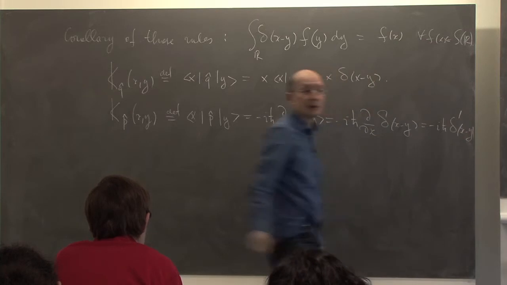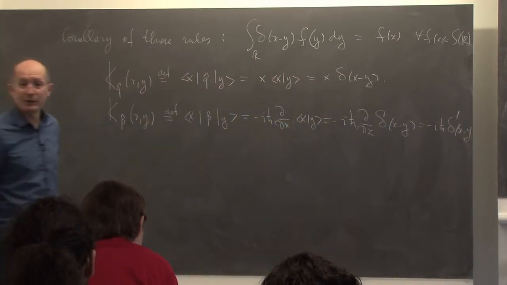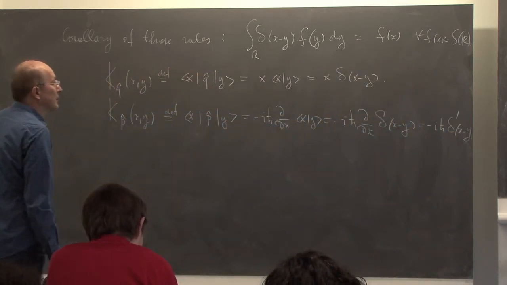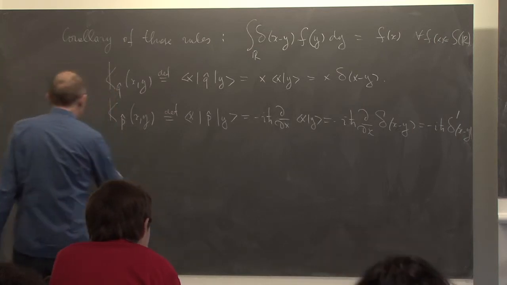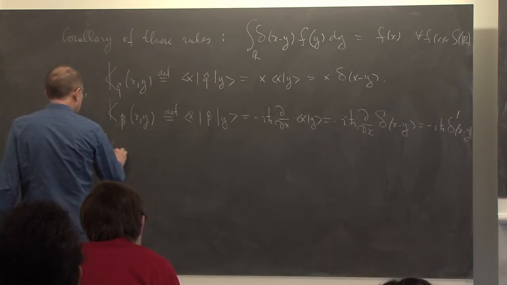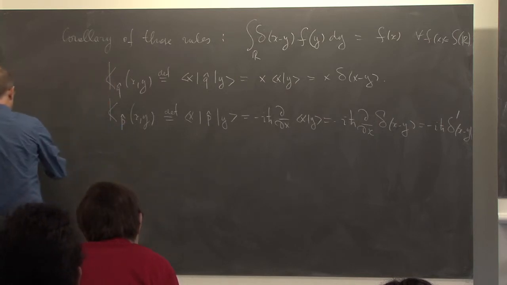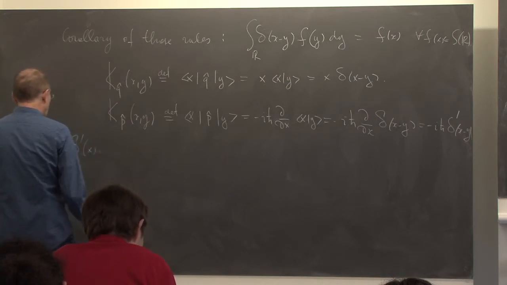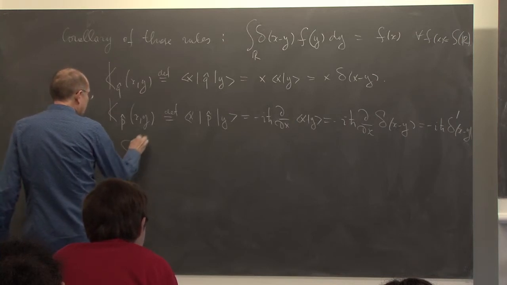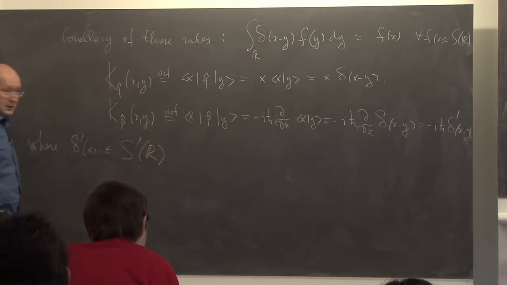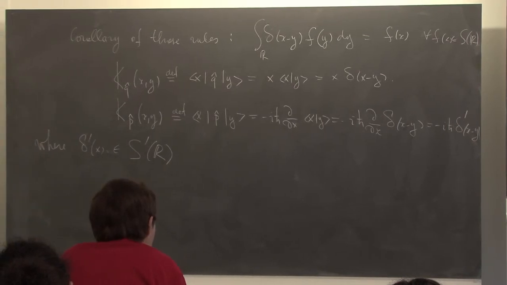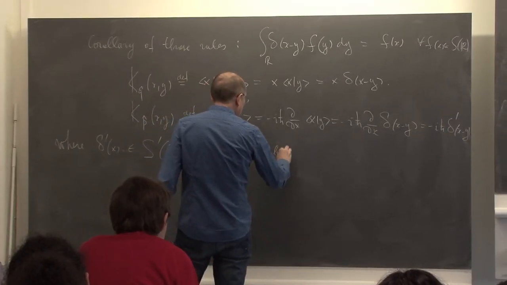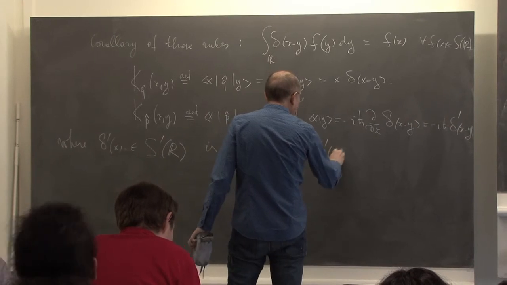Any distribution is infinitely differentiable. And we have to say how delta prime acts, where delta prime of x, again a tempered distribution, is defined by the integral of delta prime of x times f of x.